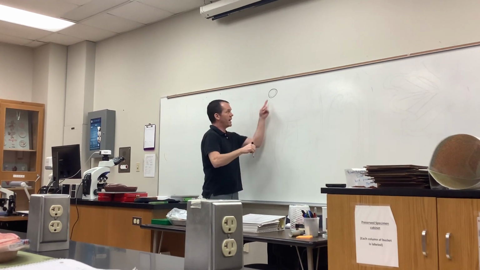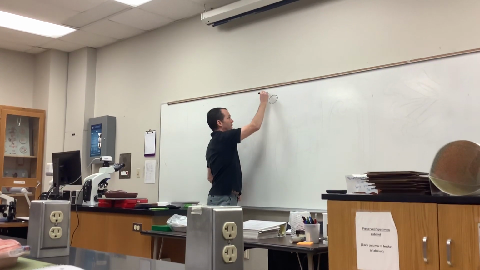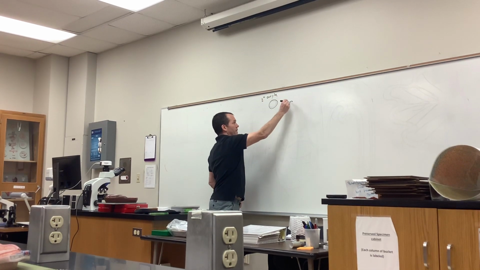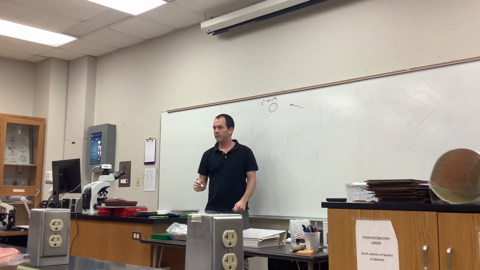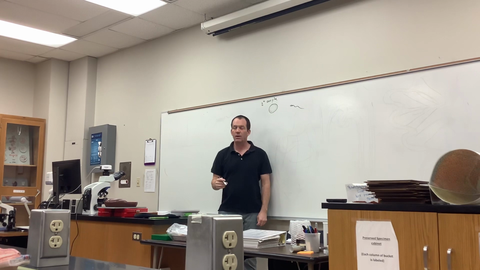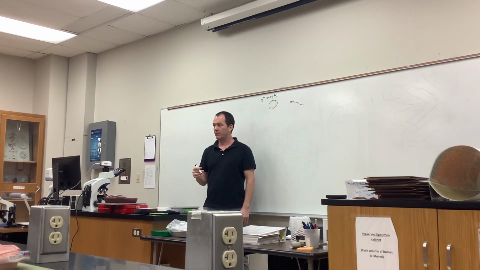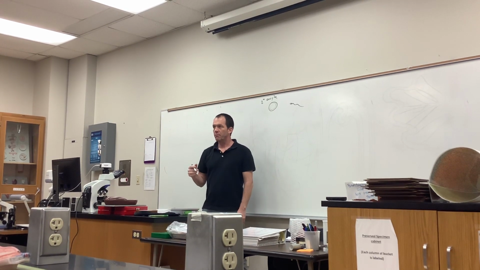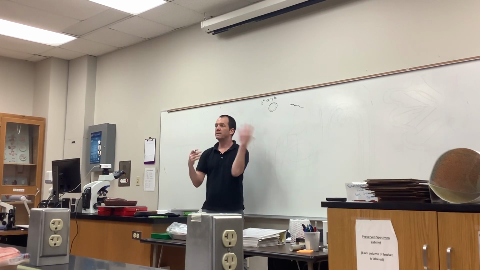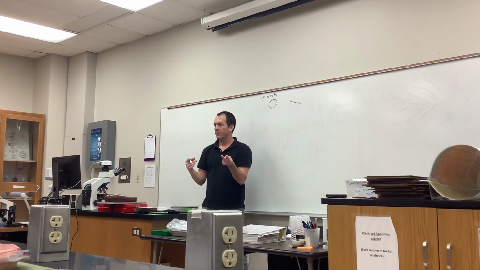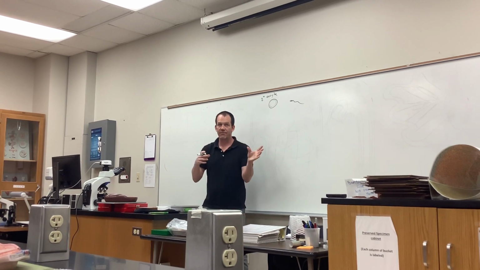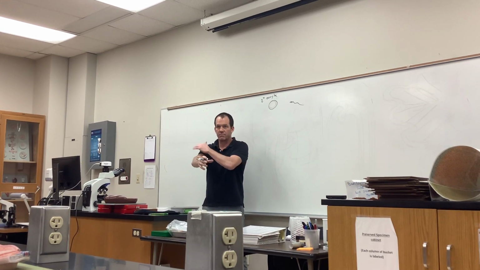So this is a secondary oocyte. And here comes a sperm cell, right? What is the ploidy of these two cells? Ploidy means how many chromosomes they have, right? So in humans it's 23 and 23, which is half of the number that we have in our normal cells.